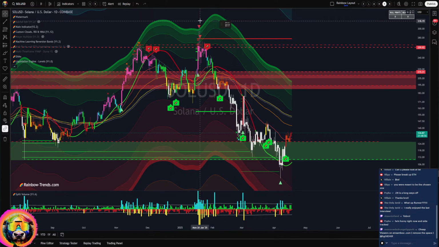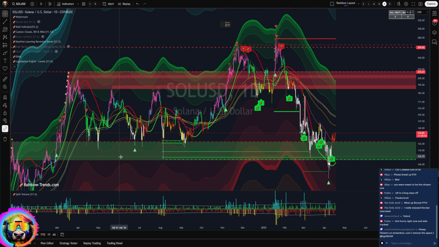But we wicked down below the order block, which has held 1, 2, 3, 4, 5, 6, 7, 8, 9, 10, like 10 times, 11 times kind of. We got a little deviation here, but we have structure. We're back above. The hardest thing with an order block is to get through it and then get back above it.